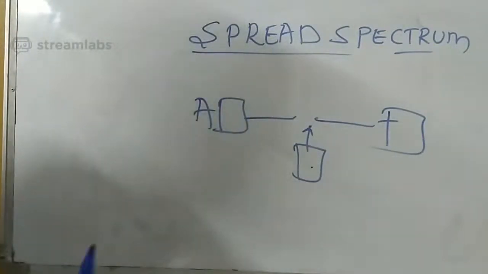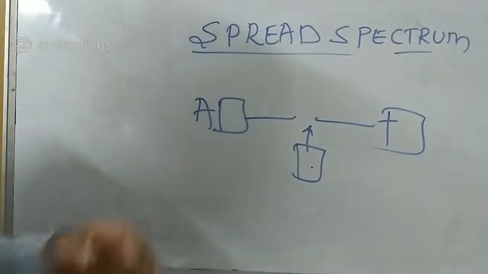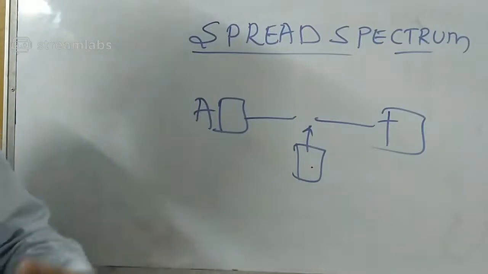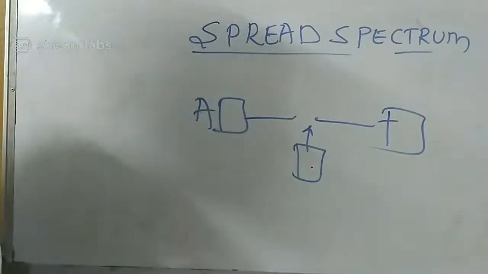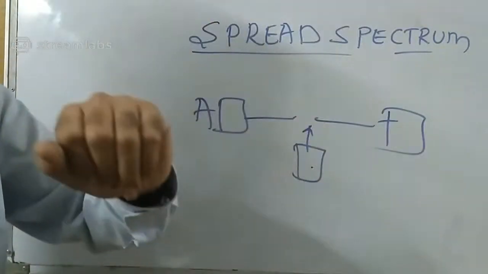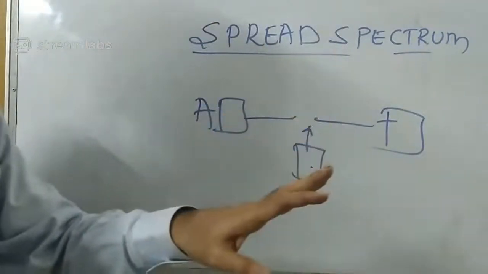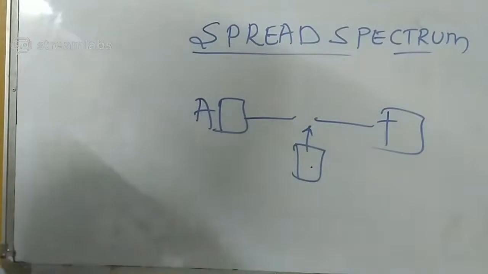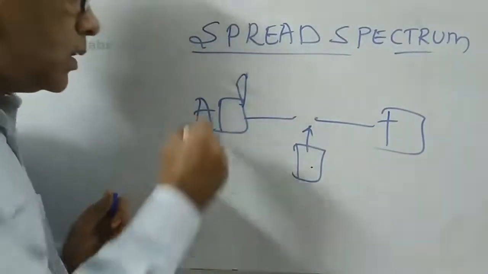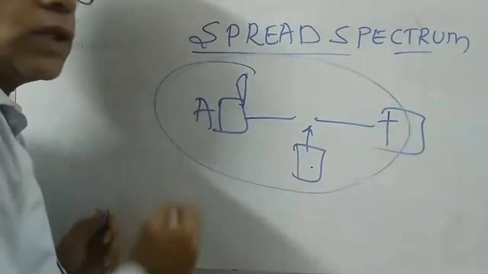Now see what happens in a guided media, especially in cables. At least we can have a way in which the signal is sent. We are providing a path for a signal to travel in some direction. But in this type of environment, in wireless, the device radiates the signal in all directions.